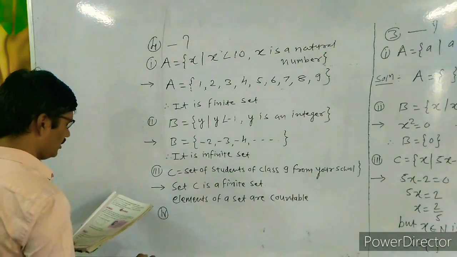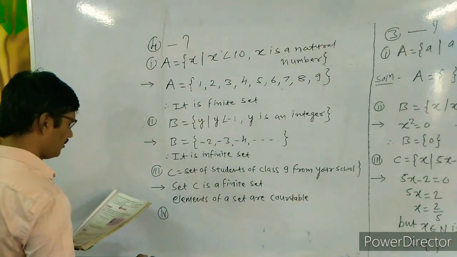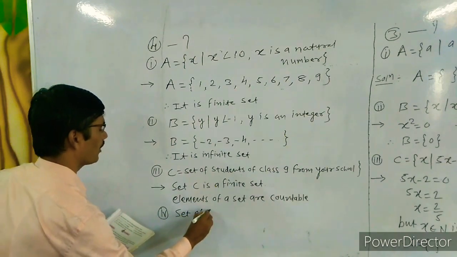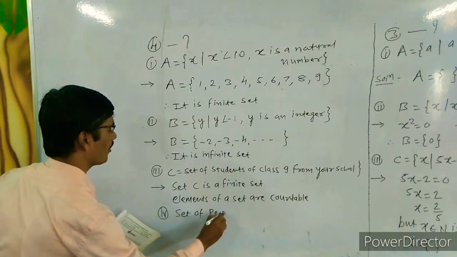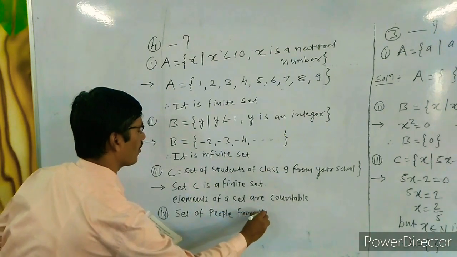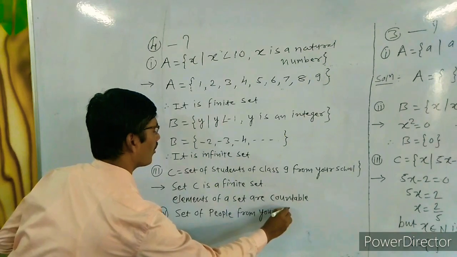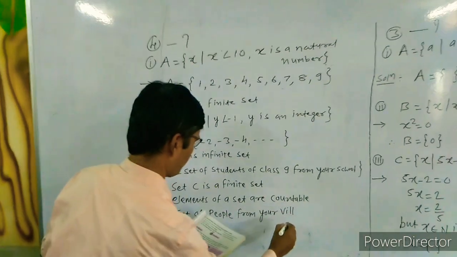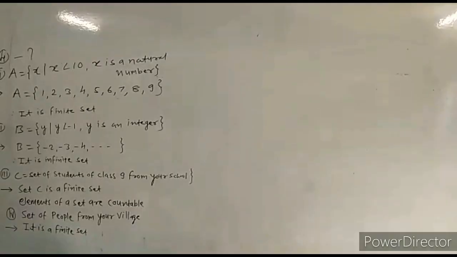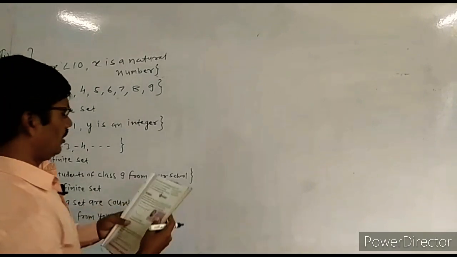Number 4, set of people from your village. It is a finite set because how many people are there in your village will be countable.